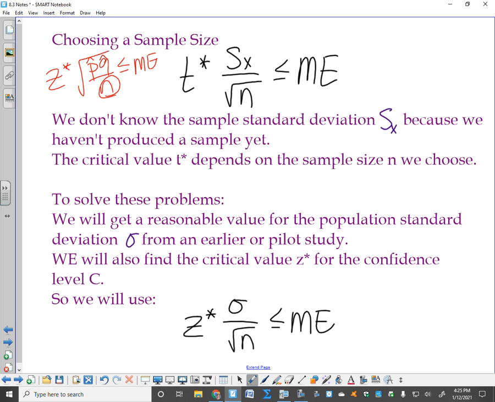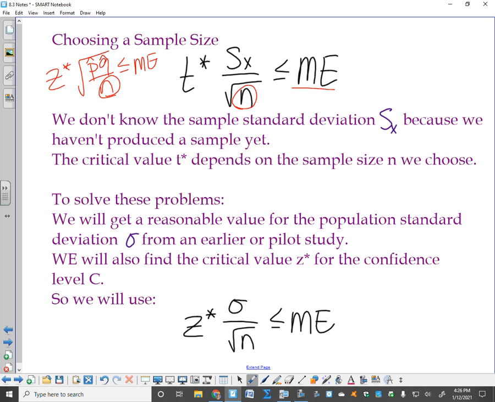And I said, really focus on the algebra part, being able to type it into your calculator. So I want you to think about how that's going to change for means. The process is the same, but instead of z stars, we have t stars. And instead of p's and q's over n, we have Sx over square root of n. I'm still solving for n. They're still going to give me the margin of error, and you're still going to do some algebra to figure this out. Okay?